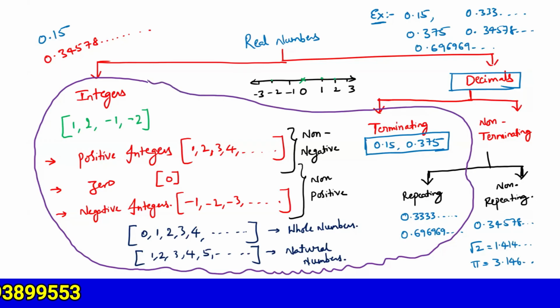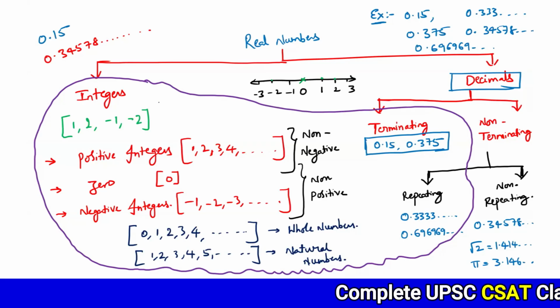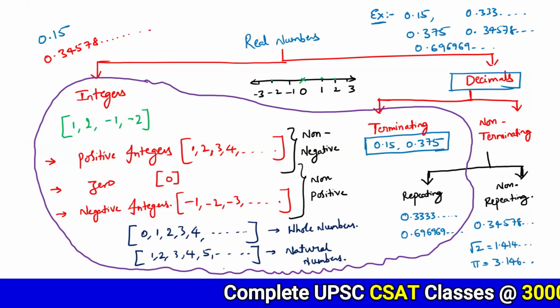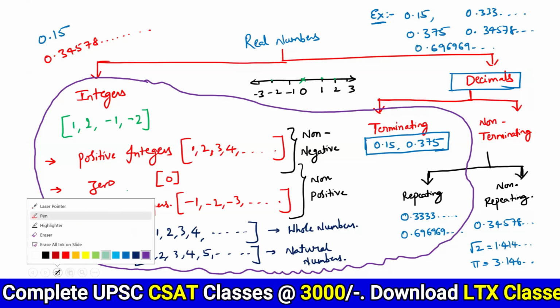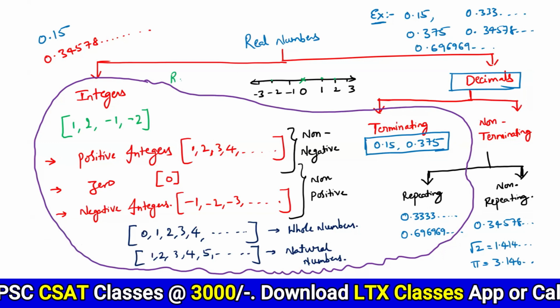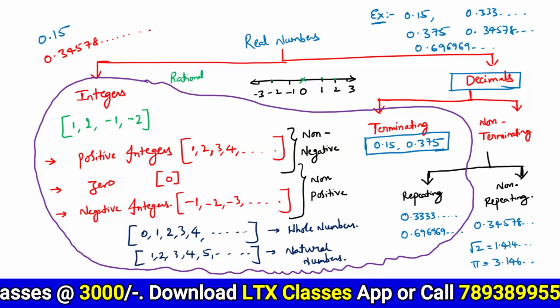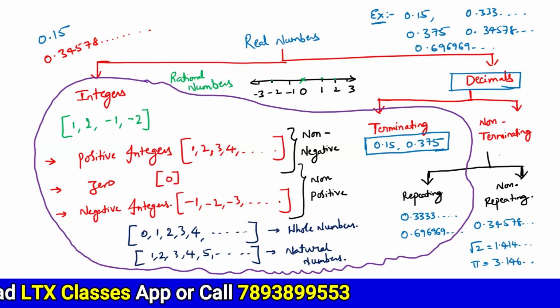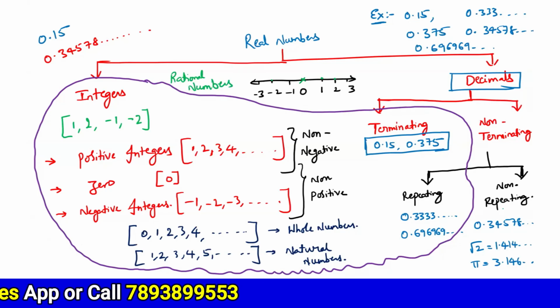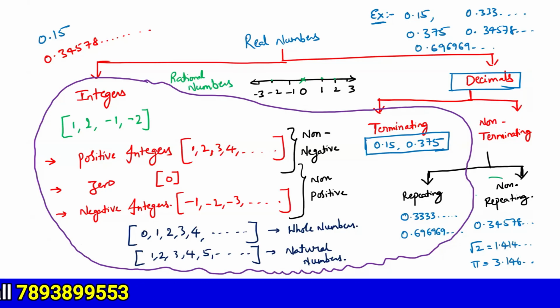I'm circling them. Yes, terminating, non-terminating repeating also. So the circled part, or the closed figure part, will be represented as rational numbers. And this one, non-terminating, non-repeating, will be considered as irrational numbers. All these things will be considered as irrational numbers.